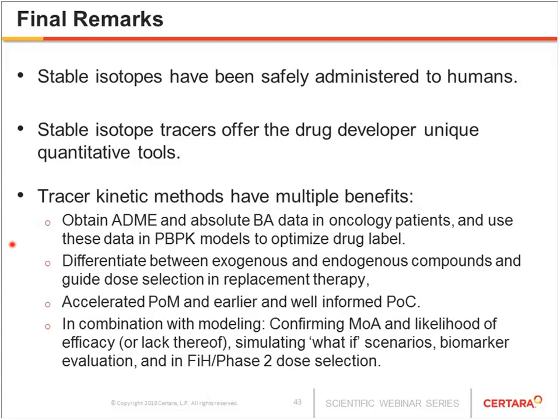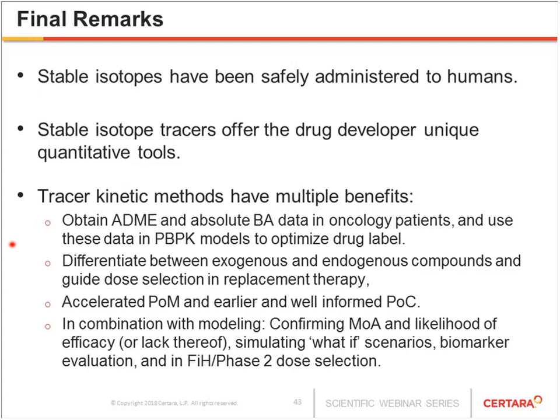Also, as you might have gathered from my examples, stable isotopes can offer, under certain circumstances, drug developers unique quantitative tools. And I'm just going to now go over some of the benefits that I've mentioned before, but I think it's important to highlight them again.